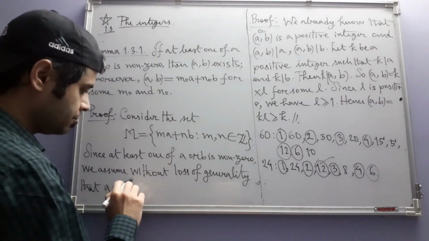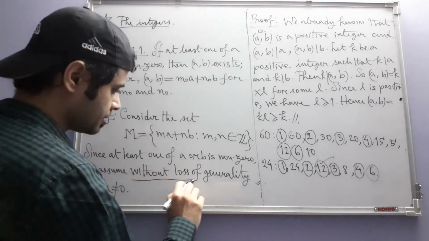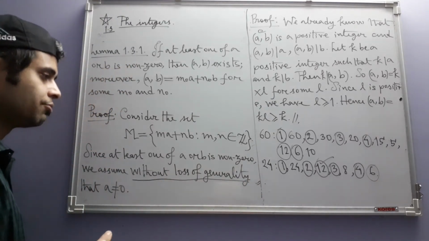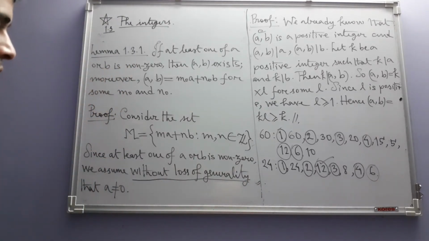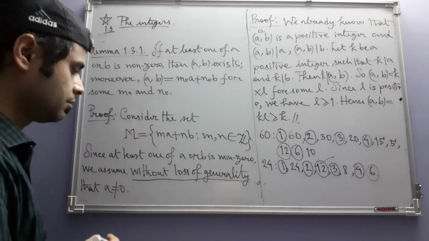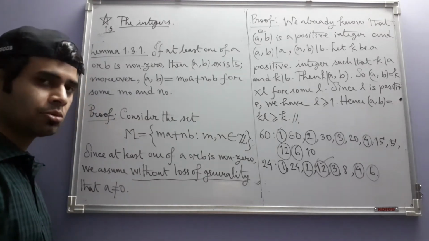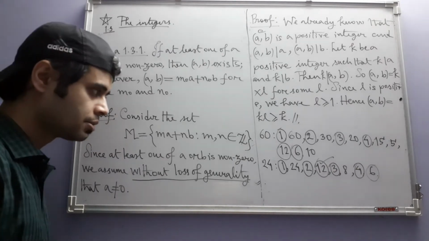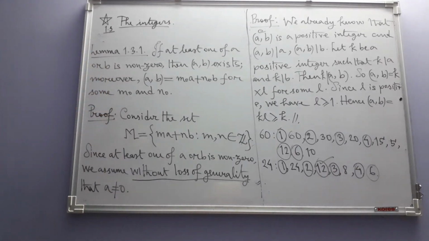Look at the use of the phrase without loss of generality. This will be used very often in mathematics. Although it may not be clear immediately, the more it is used and the more you see how it's used, you will realize why it is used.